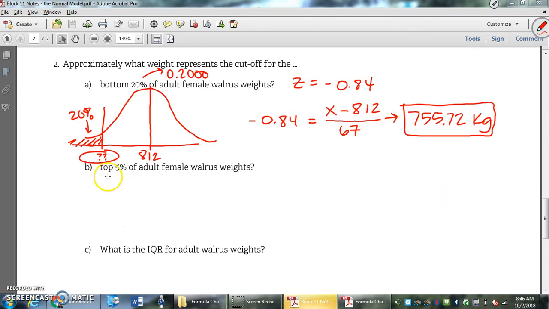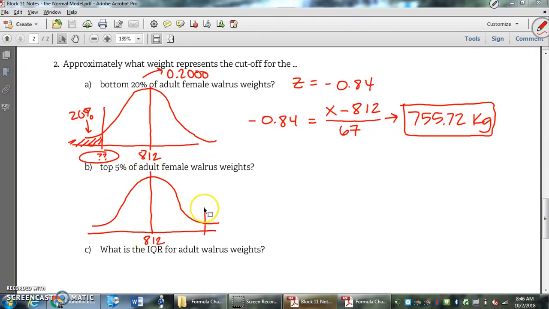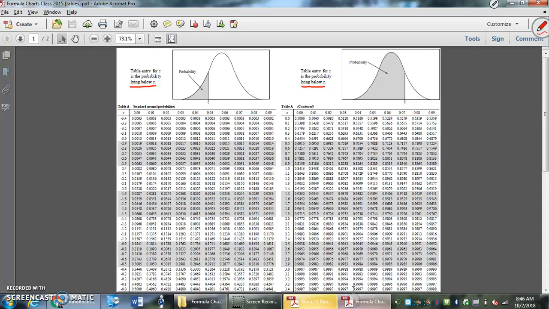The second one says top 5%. The only thing you have to do differently on this type of question is realize that if we want the top 5%, we're going to change a little bit of how we look this up on our z-table. So we want to know what weight up here would give us the cutoff to where the area above it is 5%. When I go look at my z-table, I have to again realize the z-table is always giving me the area below.